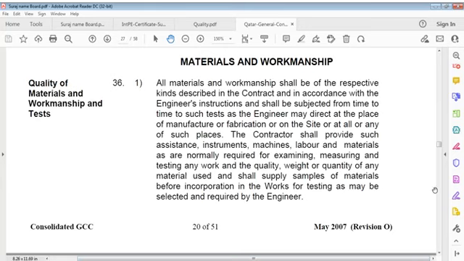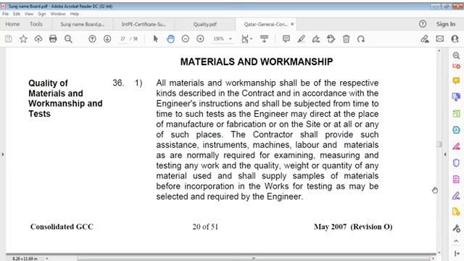This is the clause title: materials and workmanship. All materials and workmanship shall be, or at all or whatever of such places.